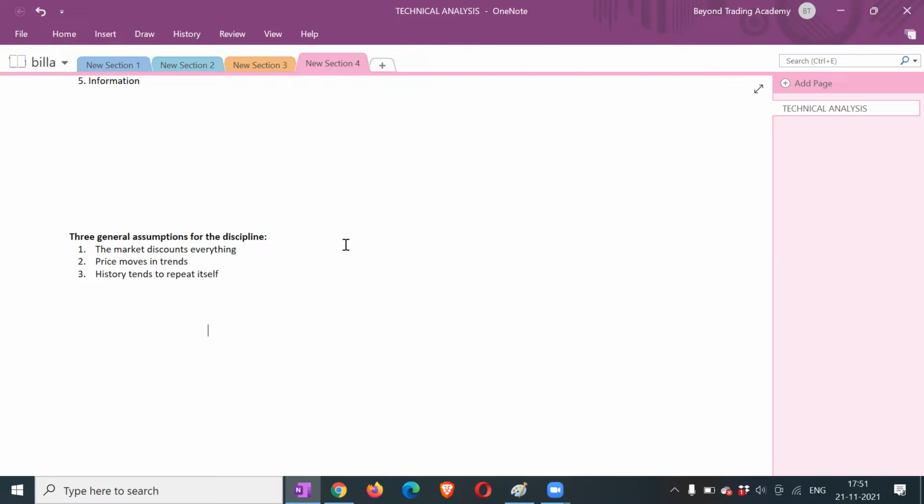So the first one refers to the market discounts everything. Don't take that as our big billion day discount concept here, but it refers to the price of an instrument, or price of an index, price of a sector, pricing of a sectorial index or anything, referring to the background of the company. If a company is too bad to move forward, if a company is not at all in better shape, it just can't survive for a very good time on the chart.